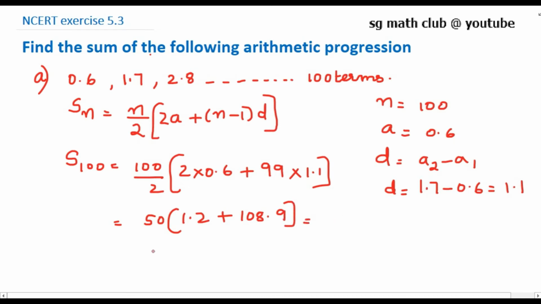When you add this we get 110.1, and multiplying with 50, we have our answer, 5505.